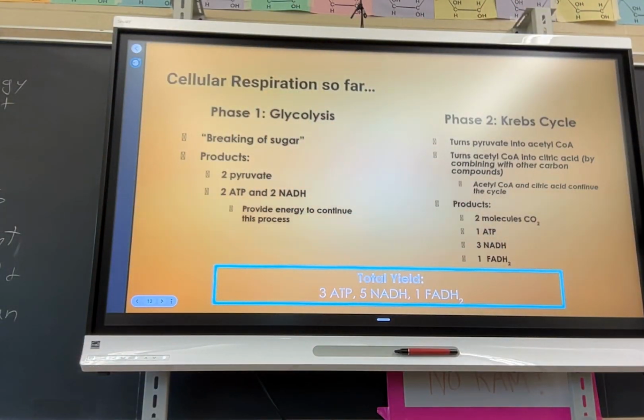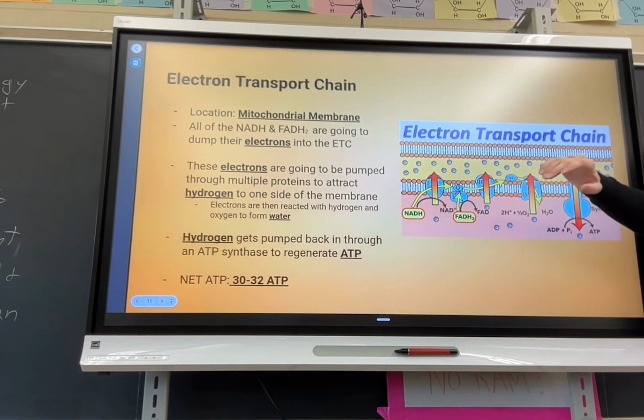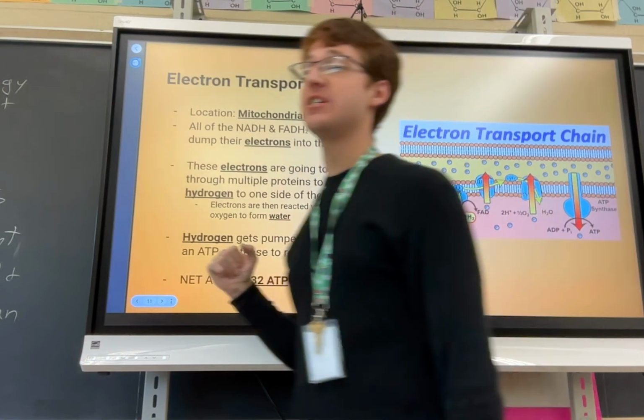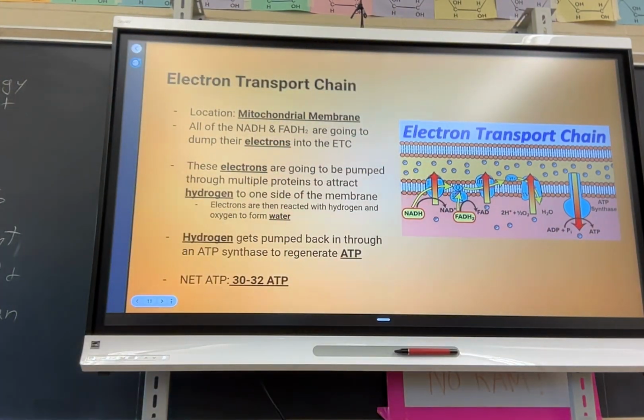So this is where probably the coolest one, the electron transport chain, comes into play. The electron transport chain, or the ETC, is going to be located in the membrane of the mitochondria, so in kind of the walls of the mitochondria.